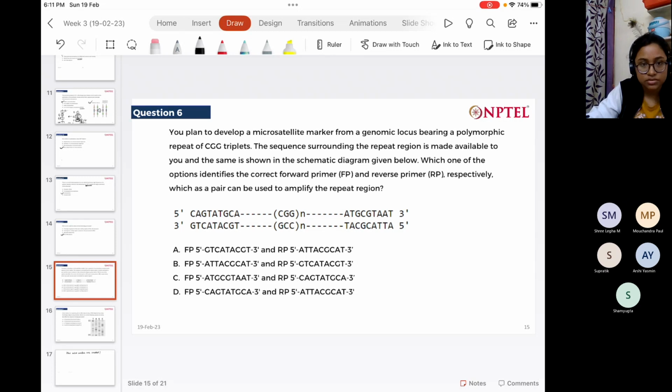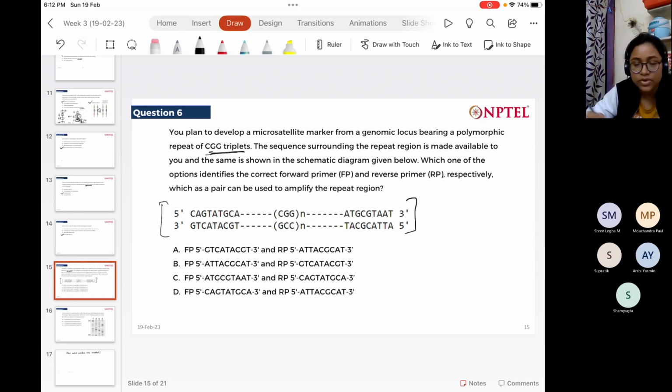This is another question. I'm reading it aloud. You plan to develop a microsatellite marker from a genomic locus bearing a polymorphic repeat of CGG triplets. The sequence surrounding that repeat region is made available to you, and the same is shown in the schematic diagram given below.